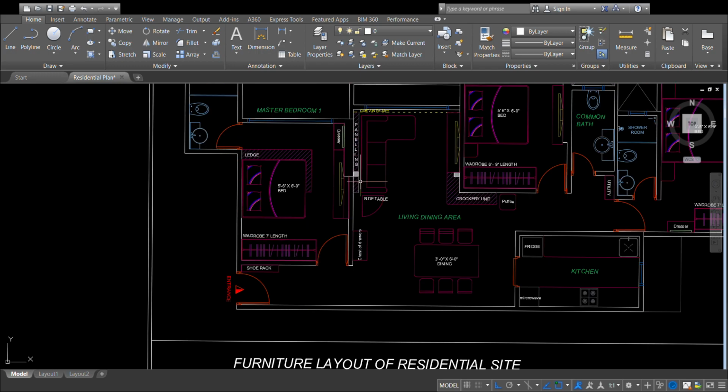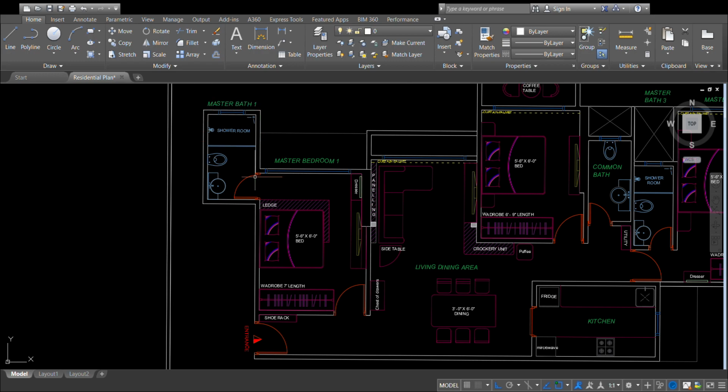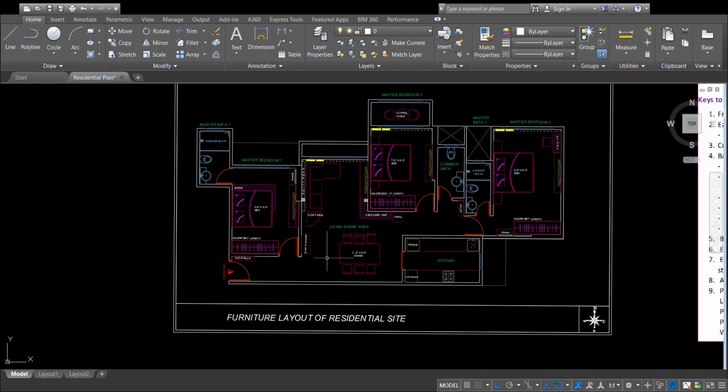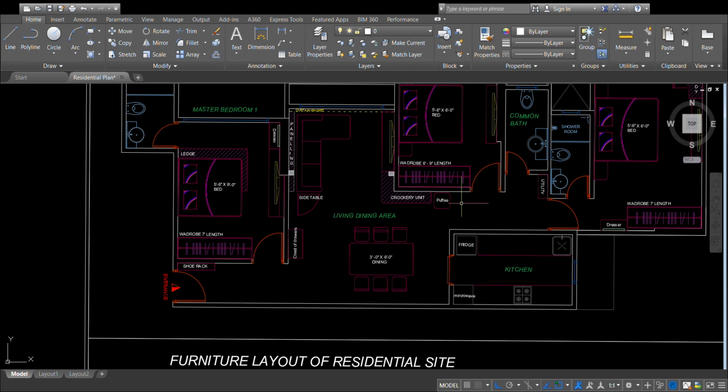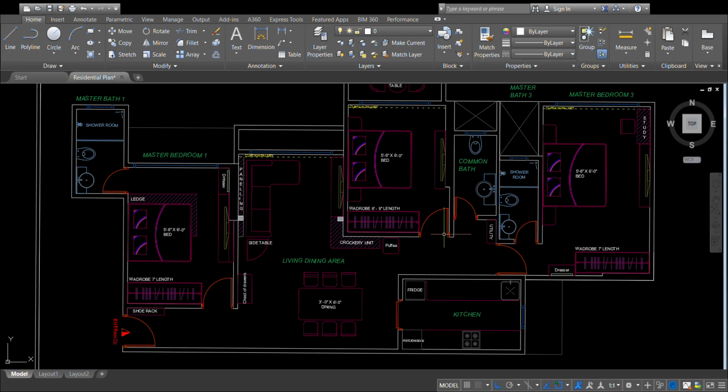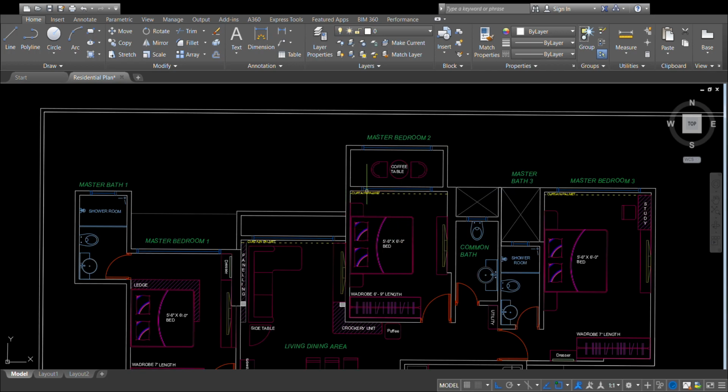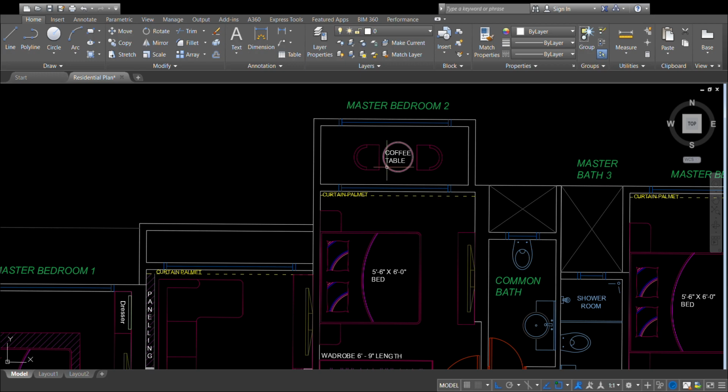This is the first master bedroom, which is attached to a master bathroom. As we move on, this entire space is the living dining area. And as we go further, this is master bedroom 2, which has a French window and opens up into a balcony.